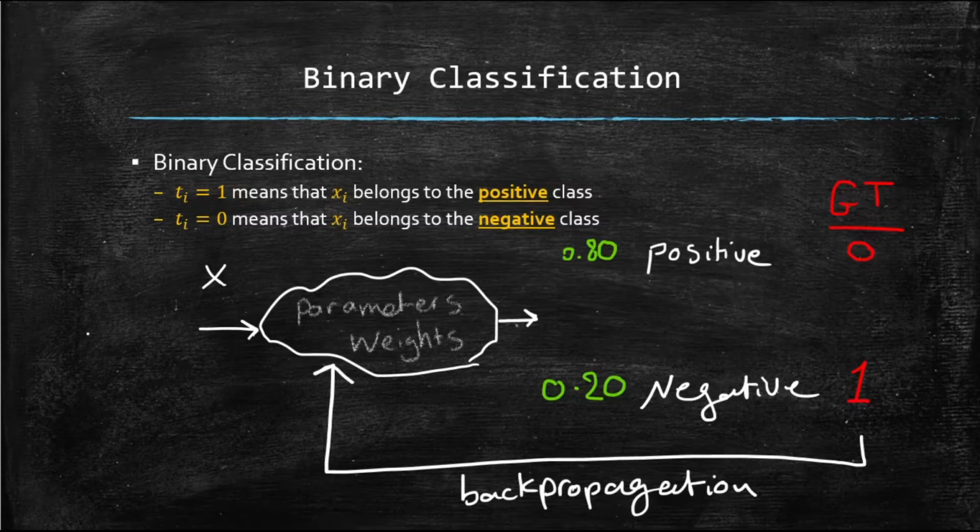Since you are presenting the network with the ground truth coded as zeros or ones, where 0 would be one of the classes and 1 would be the other class, you would like your network to produce a number between 0 and 1.